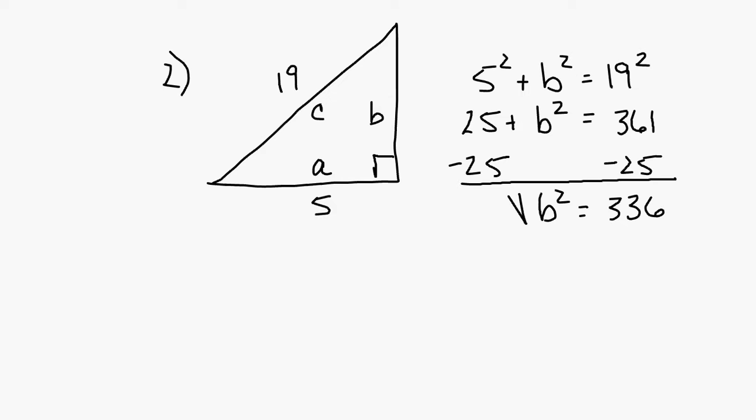And if you square root each side, you're going to have B equals 4 times the square root of 21, or 18.33. Those are both correct. That's what I get in the yellow calculator.